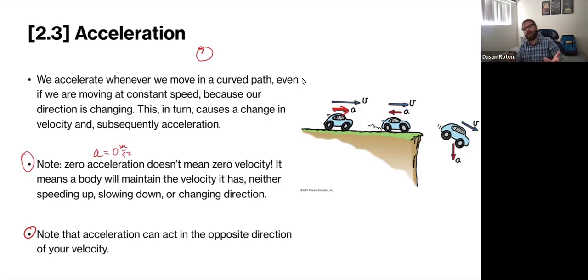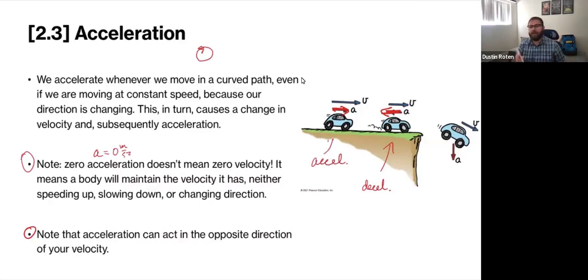Now, when this car realizes that there is a cliff, you'll see that it tries to slow down. It's still heading toward the cliff, but now its acceleration is opposite the velocity. So here's the decel. This is a deceleration. This is the acceleration.